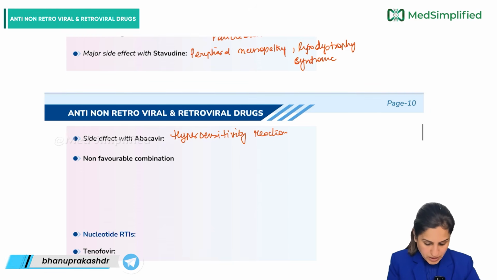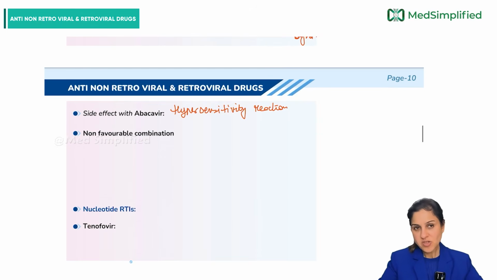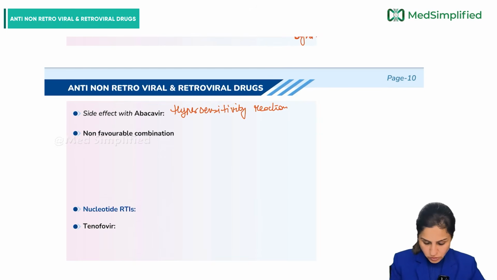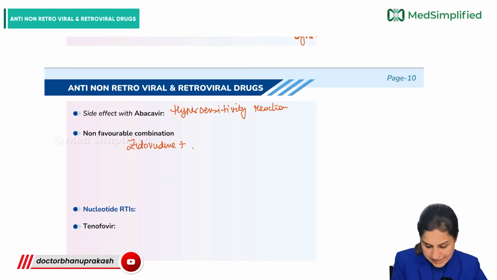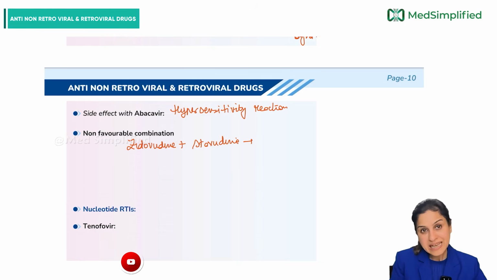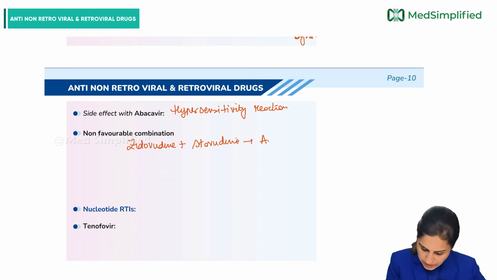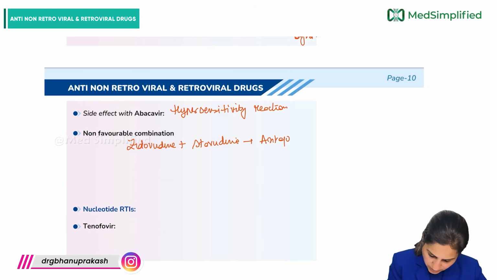Then, which of these drugs should not be combined together when you give? So, do not combine zidovudine with stavudine. Why? Because they can antagonize each other. So, pharmacodynamic antagonism, so they can antagonize each other's effect.